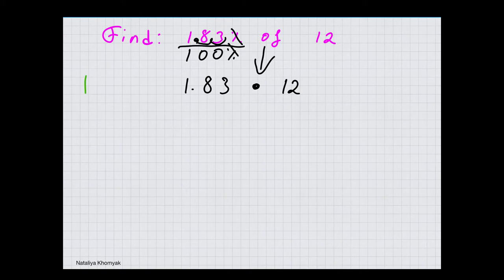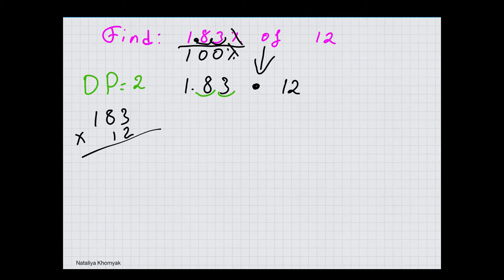So let's take note of decimal places, which we have 1, 2. By the way, if the second number had decimal places, you would add it to the tally. So we have 2 decimal places. If it had 12.1, you would have 3 decimal places. You add all of the decimal places together. Then I'm going to take the larger number, which is 183, and multiply it by the smaller one, which is 12.